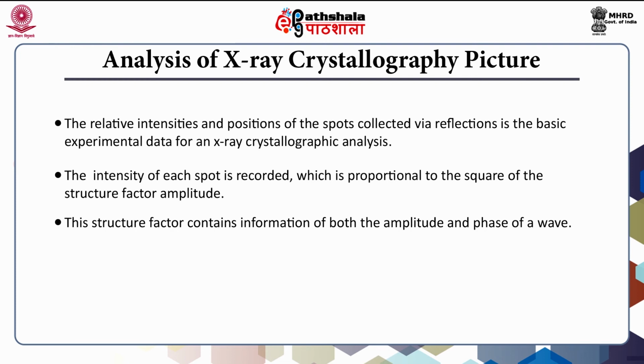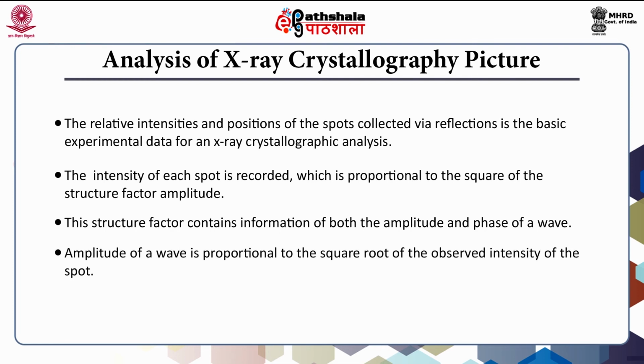In normal microscopy, we can visualize the picture through the microscope with our eyes, but in X-ray crystallography, we will have only a specific X-ray film containing different spots. So, finally, we have spots in our hand, and we need to analyze from those spots what the structure of a protein or any biomolecule is.